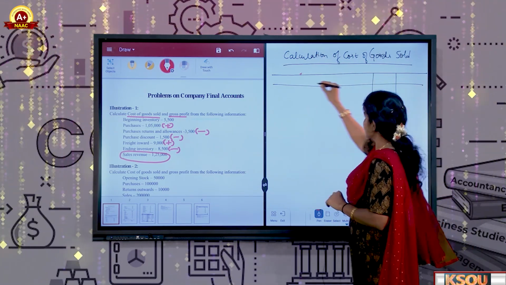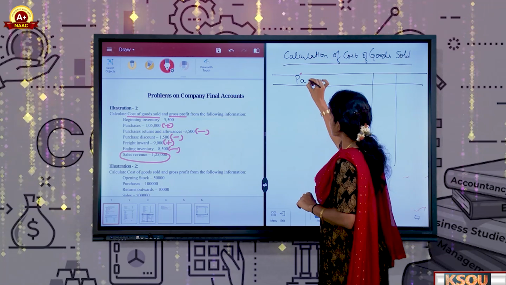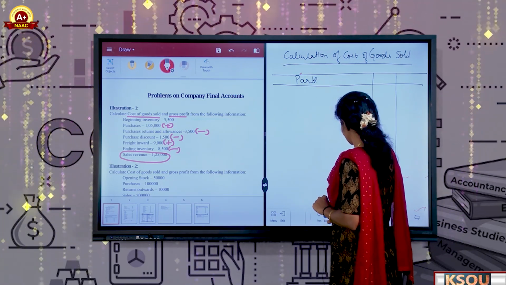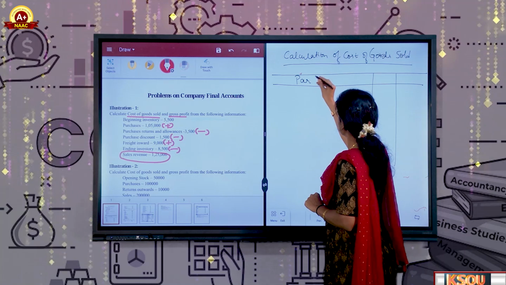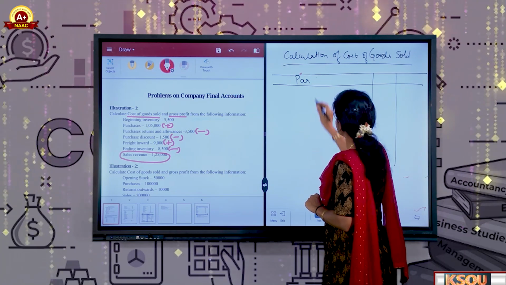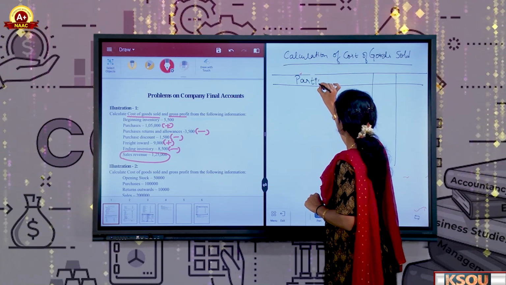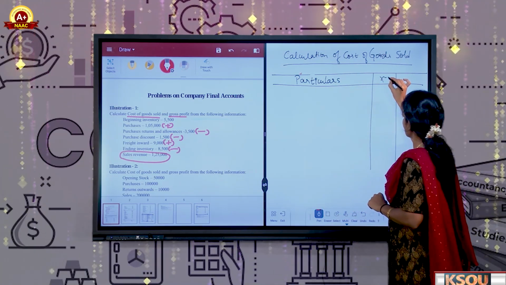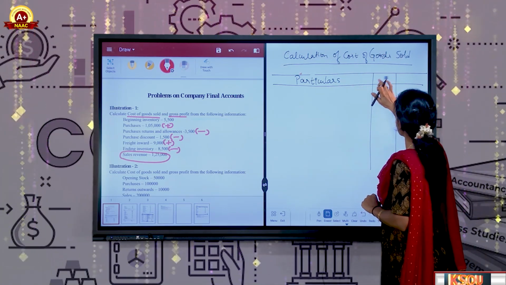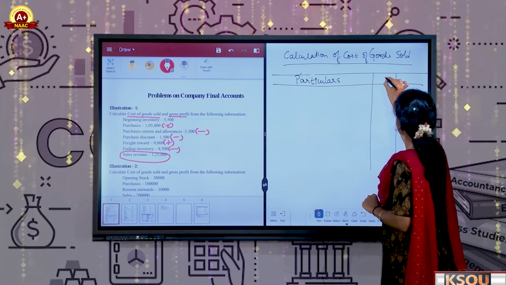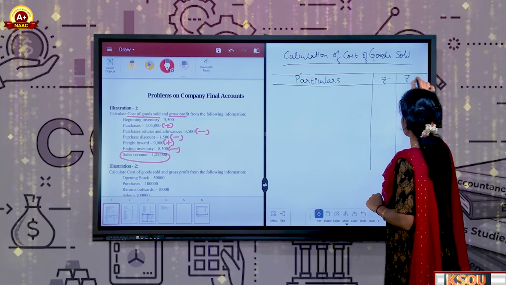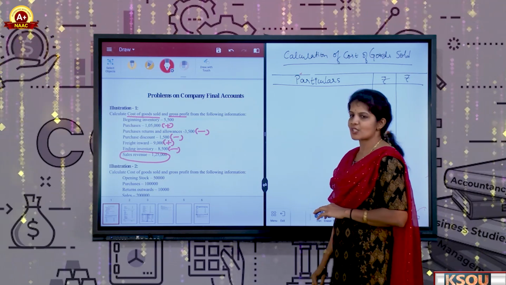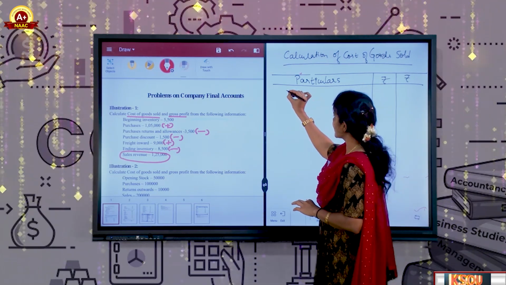This is the format, that is particulars, amount in rupees, and amount in rupees. The first item, as per the information given in the problem, is the beginning inventory.